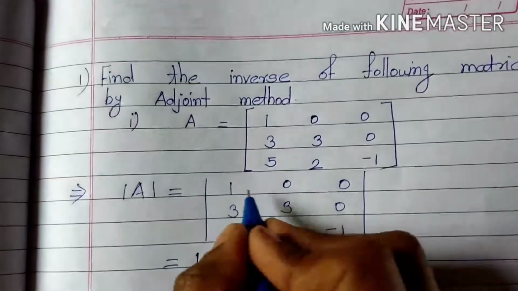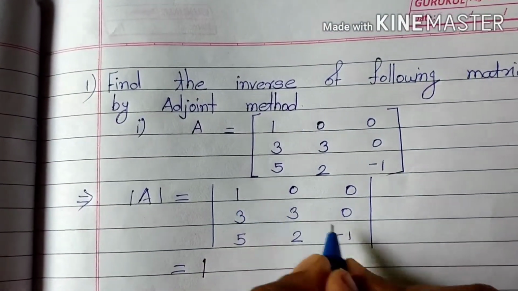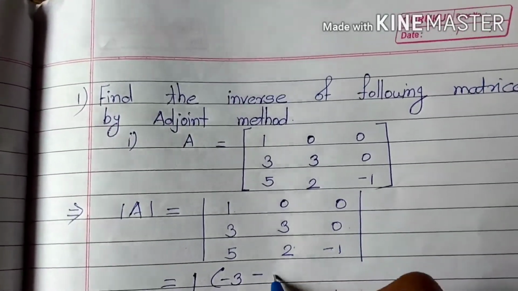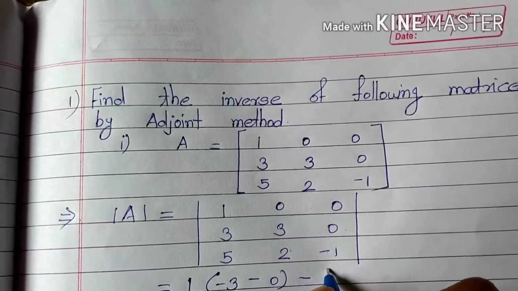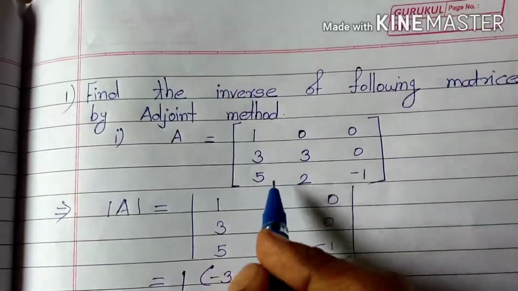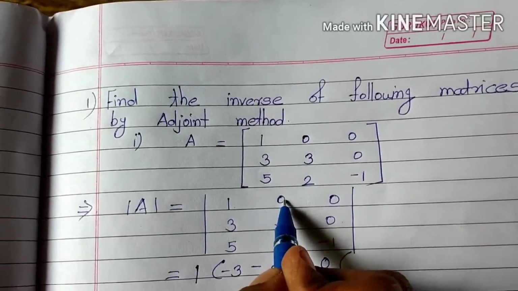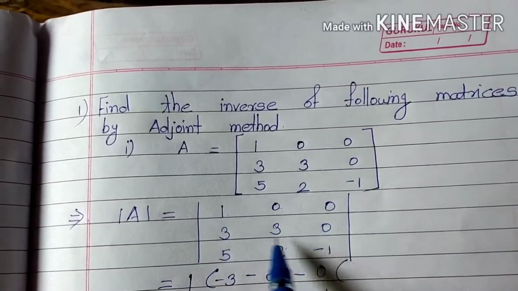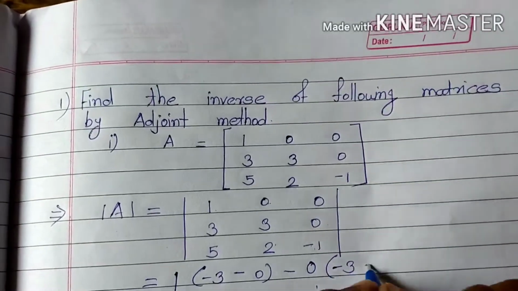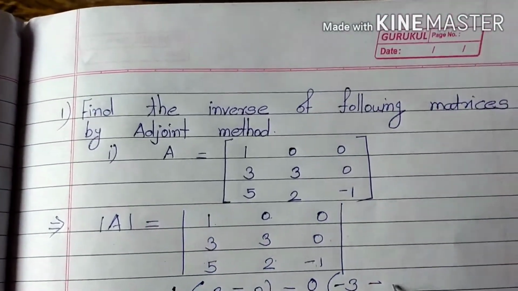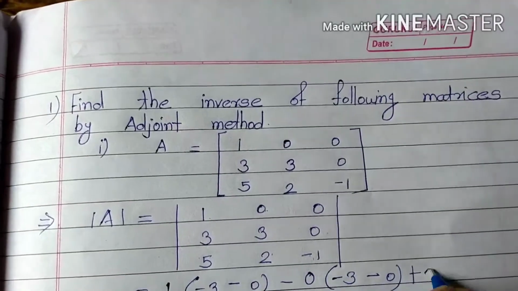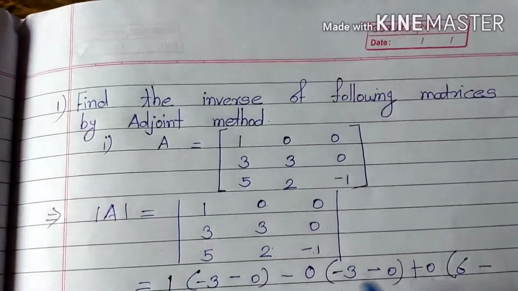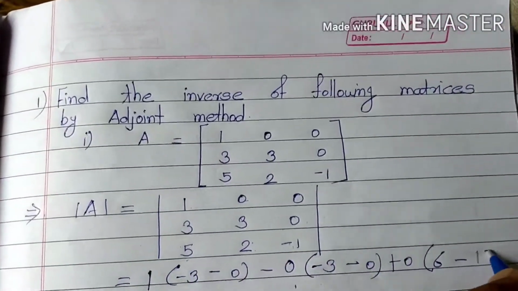First 1, taking 1 times (3 into minus 1 minus 3 minus 2 into 0 0), minus 0. When we consider 0, deleting this column and this row, you get 3 into minus 1 minus 3 minus 5 into 0 0, plus 0 into (3 into 2 6 minus 5 into 3 15).